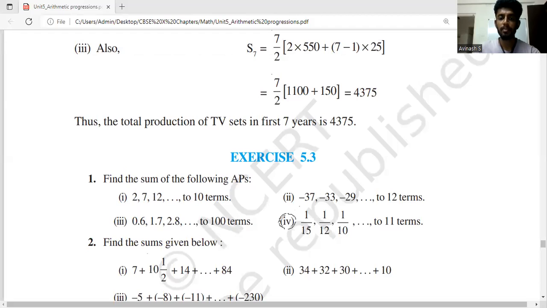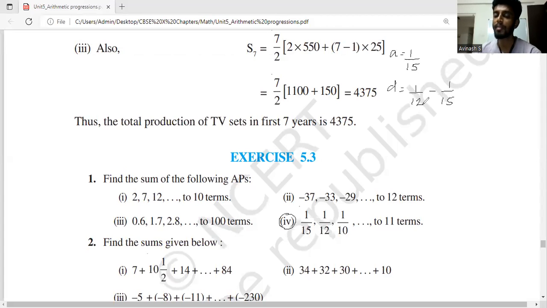When it comes to the fourth subdivision, the value of a is 1 by 15. That is the first term. Now, the common difference will be 1 by 12 minus 1 by 15, which is the second term minus first term. Now, the LCM need not be obtained by multiplying 15 and 12. We can find a shorter LCM, which will be 60.